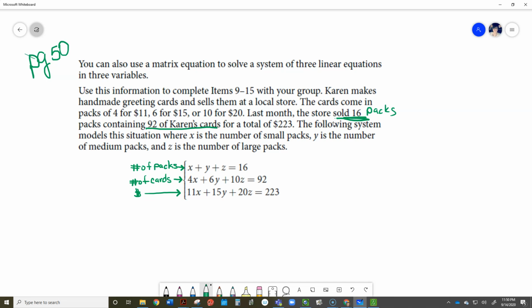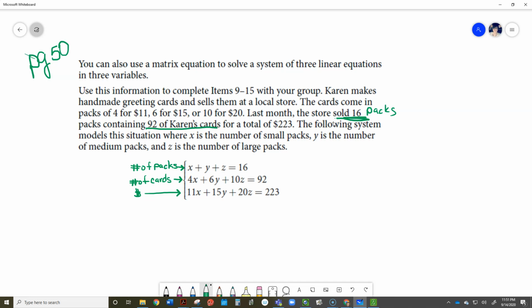So the packs, 4 right here. There's 4 in this pack, there's 6 in this medium-sized pack, and there's 10 in the large pack. Okay, so that's a count. That's how many there are. 4 cards in this pack, 6 cards in this pack, 10 cards in that pack. So we're counting how many cards right here. What are we counting down here? We're counting money.